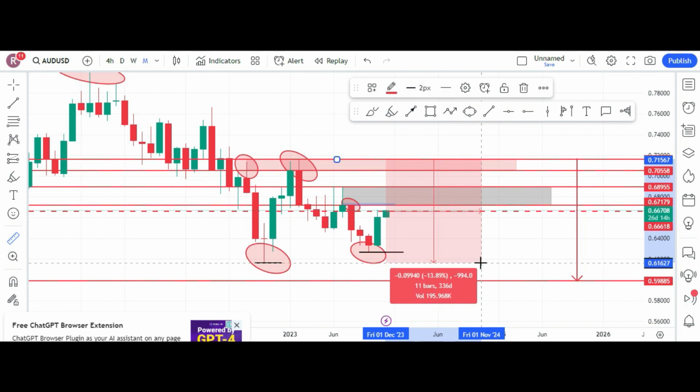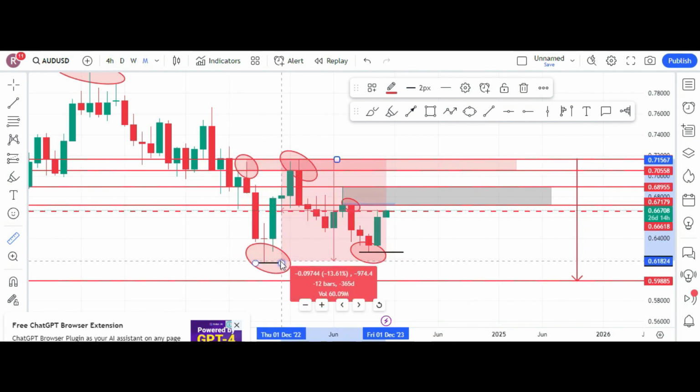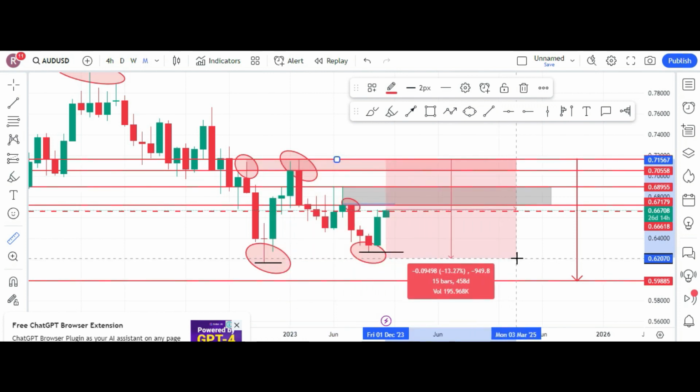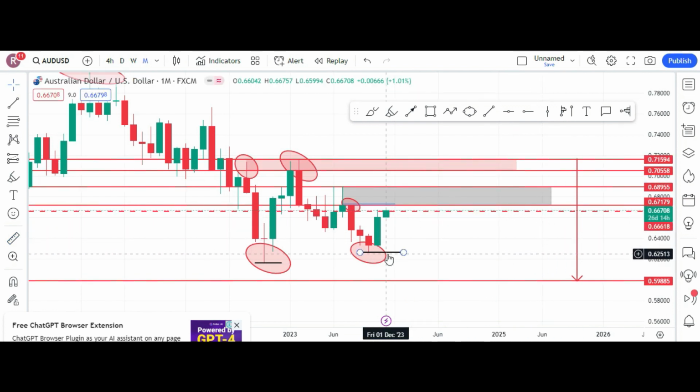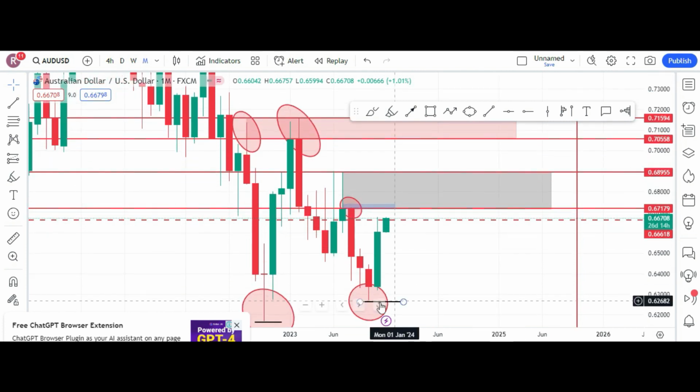this is the range we picked, and the middle is marked in dashed line. As you can see, this dashed line is the middle. Now we have another bottom here, which is confirmed by red and green, but there is no double bottom here in monthly time frame.